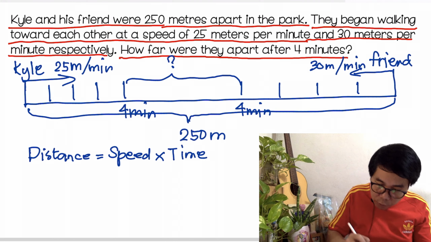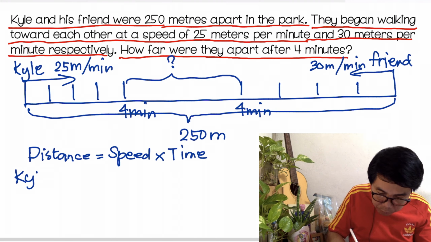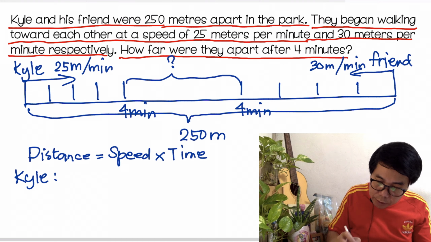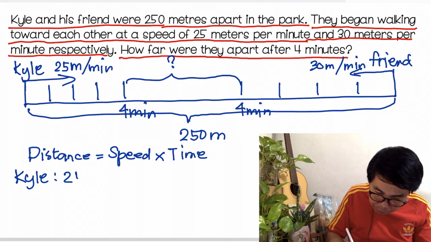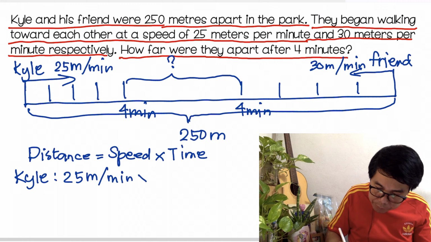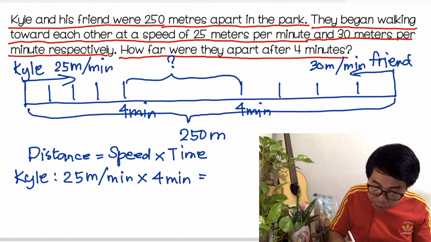So for Kyle, 25 meters per minute times 4 minutes is equal to 100, since 25 times 4 is 100.